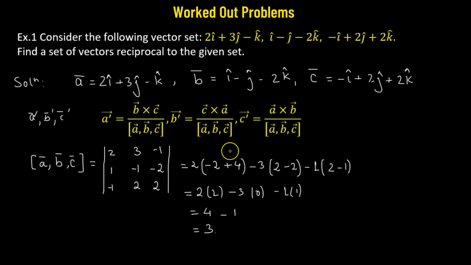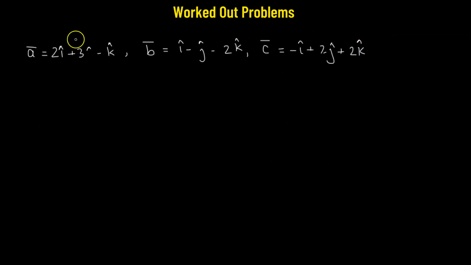In the next step, we'll find the cross product between vectors b and c, c and a, and a and b. So we have vectors a, b, and c. Let's determine the cross product between vectors b and c. This will be given by a 3 by 3 determinant. In the first row, we have the unit vectors i cap, j cap, k cap. In the second row, the components of vector b: 1, negative 1, negative 2.